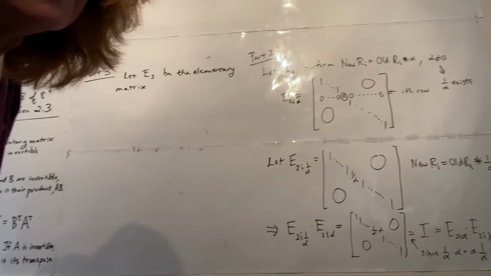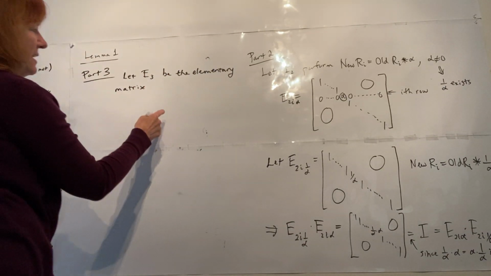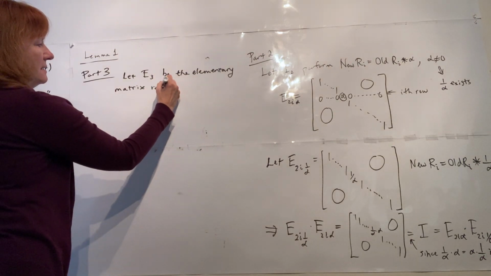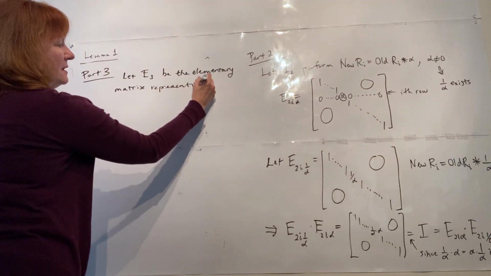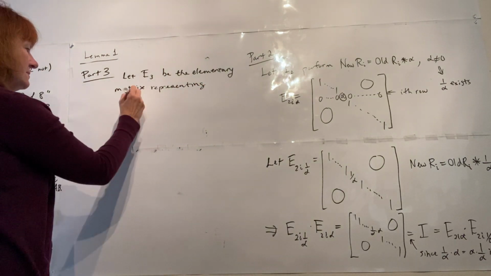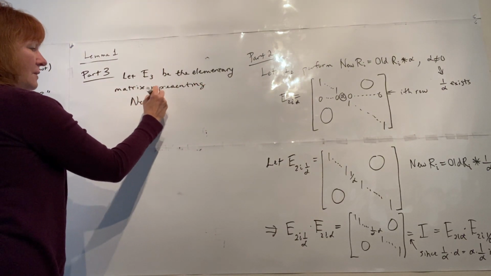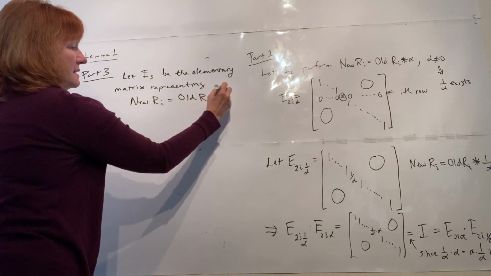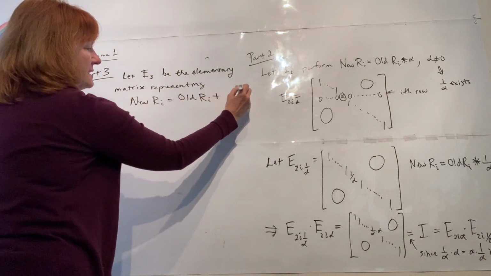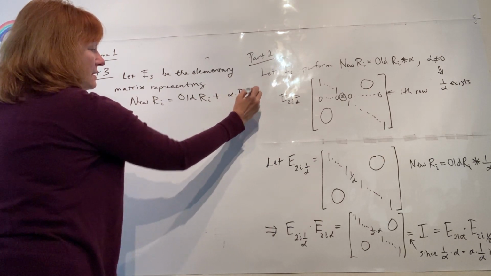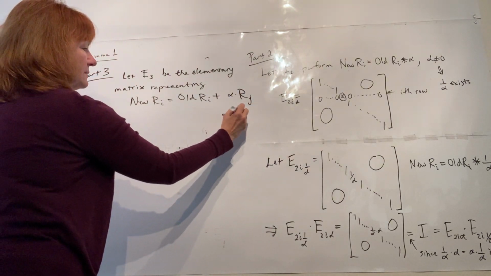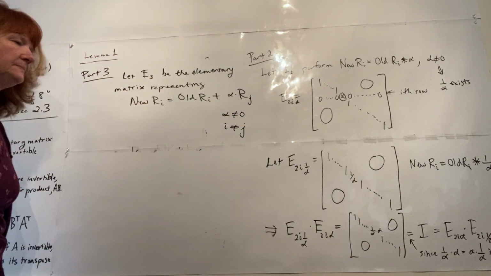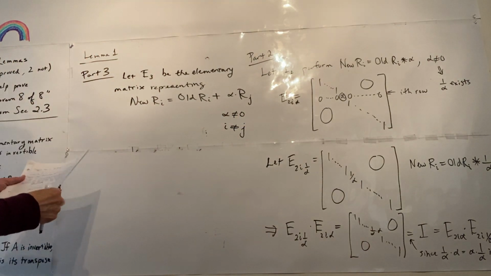Okay, what does that look like? Well, the third type of elementary row operation looks like new row I is equal to old row I plus alpha times row J, where alpha is not equal to 0 and I is not equal to J, right?